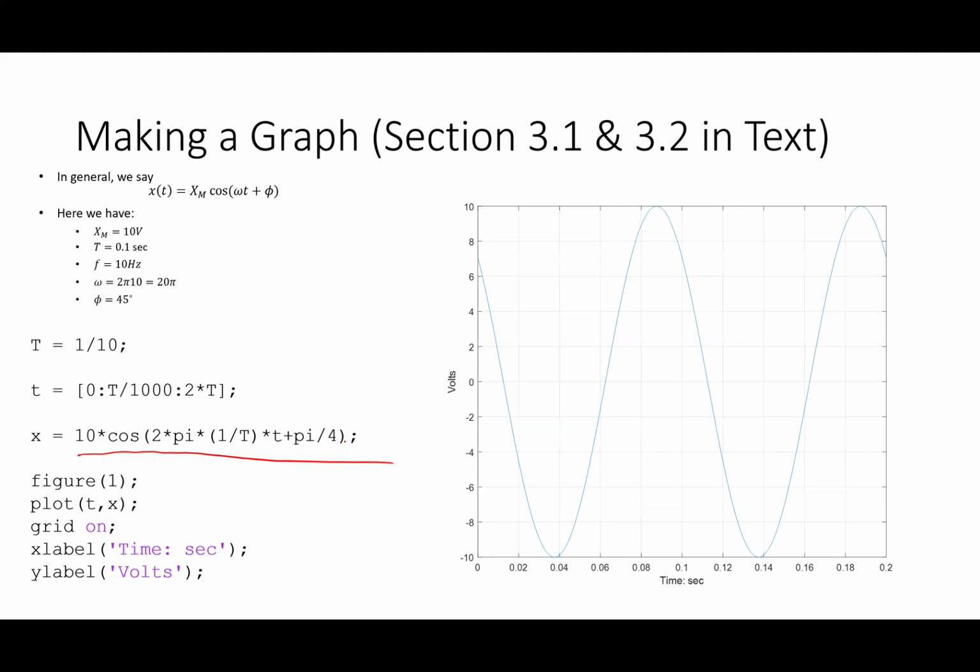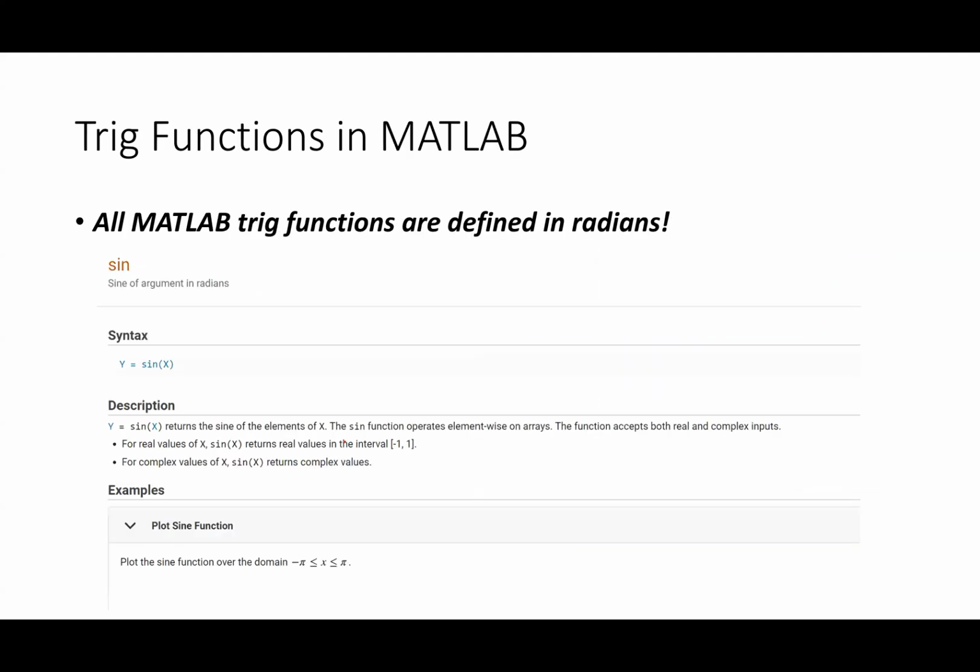Now, I want to look at this a little bit more. This is how I drew that graph, but I want to look at this in some detail. If I go to the MATLAB documentation, I will see there that sin is the sine of the argument passed to it. So sin of x is the sine of x, where the argument, the number fed to it, is in radians.